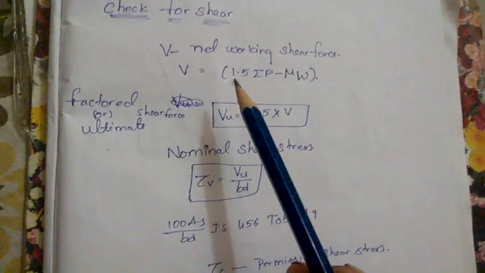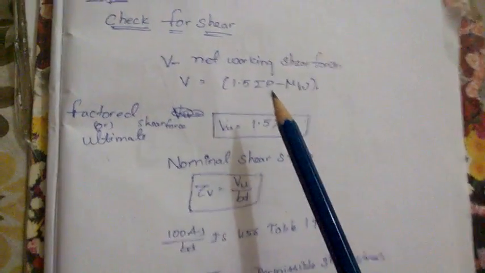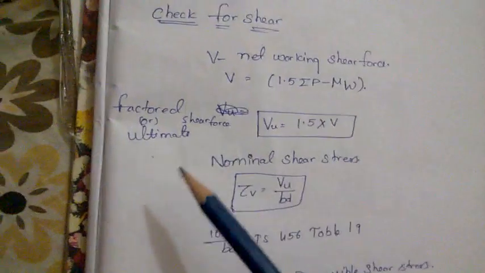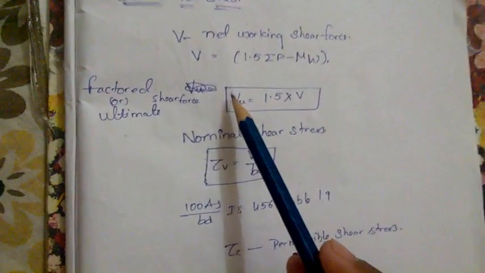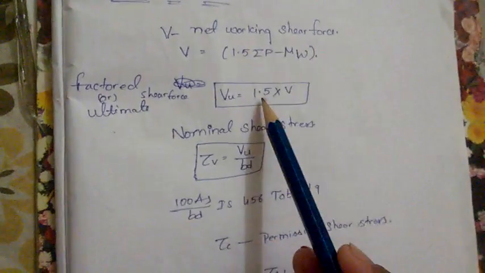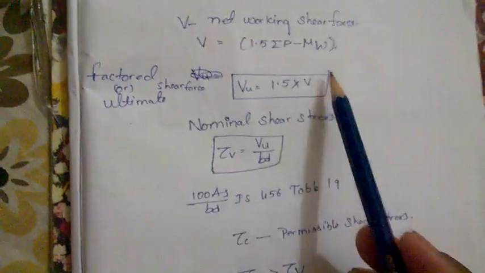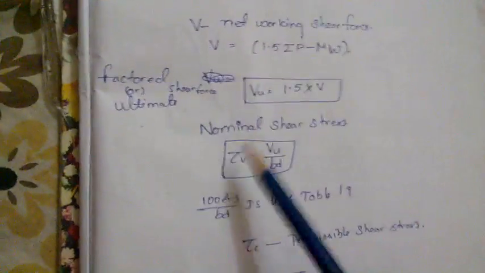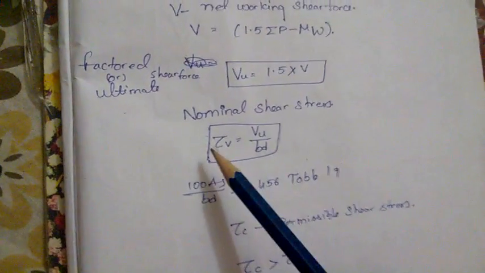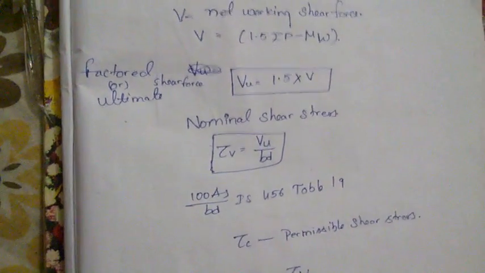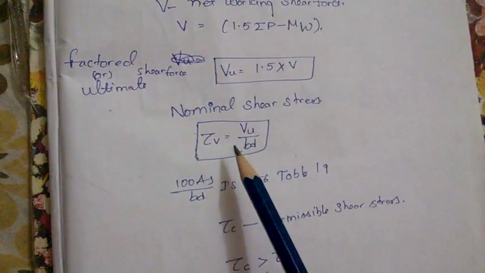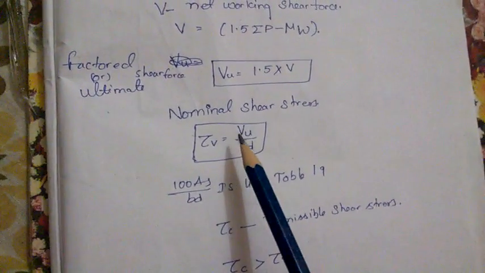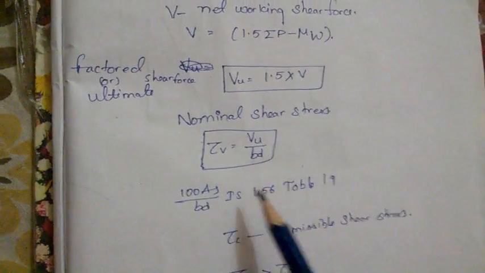V is equal to 1.5 sigma P minus mu into W. Factored or ultimate shear force Vu is equal to 1.5 into V. This is the formula you should remember. Nominal shear stress tau V is equal to Vu by bd.